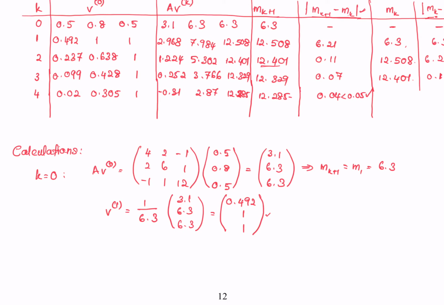So meaning that the corresponding eigenvector is V5, where we already get it, negative 0.025, 0.234, 1. So this is our solution for eigenvector, while this one is our solution for eigenvalue. So meaning that if our eigenvalue is M5, then our eigenvector also must be V5.